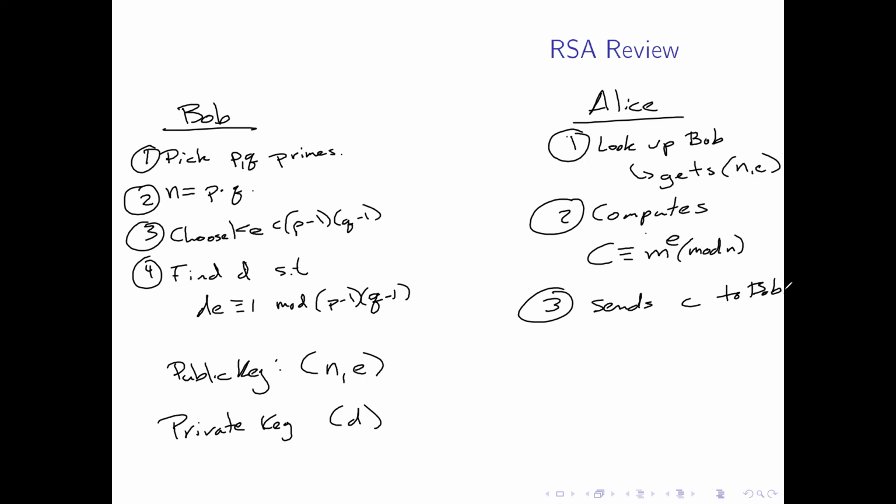Bob can take that and easily decipher it because, as a quick reminder, what he can do is simply C to the D mod N, and that will actually give him back the message itself. So Bob can easily find all these values. It's great. We can look it all up. The key thing here is I'm taking things and raising them to powers, and the way they undo them is raise them to the opposite power. That is essentially their inverse mod (p minus 1)(q minus 1).